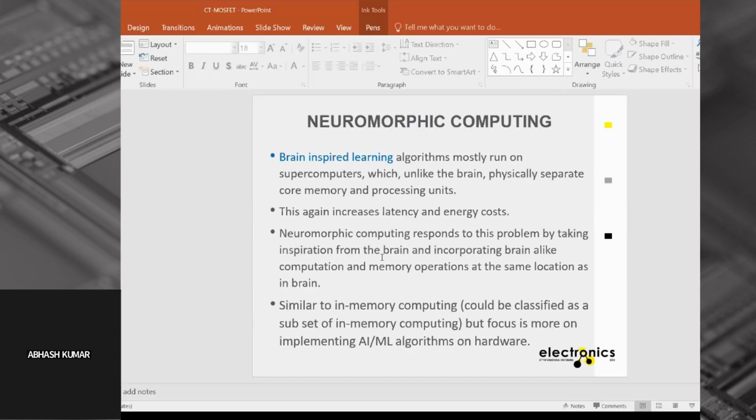To avoid that, people compute at the same place in the memory itself. Neuromorphic computing responds to this problem by taking inspiration from the brain, as I have already discussed.